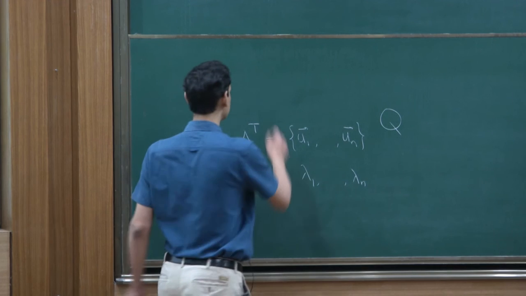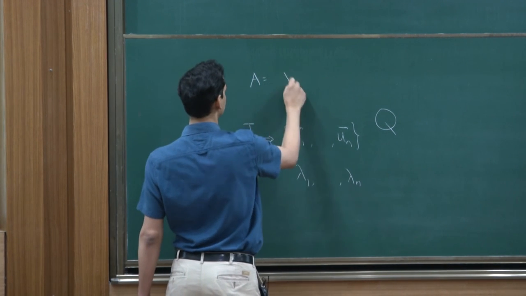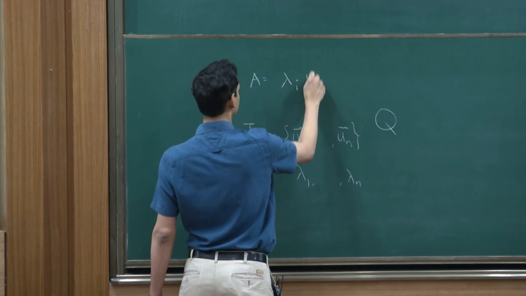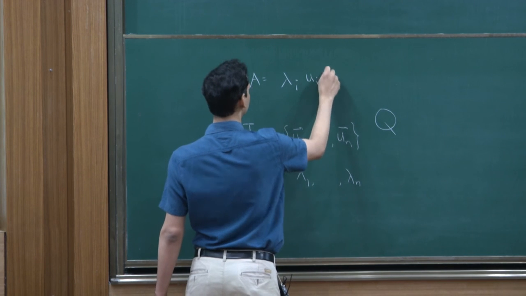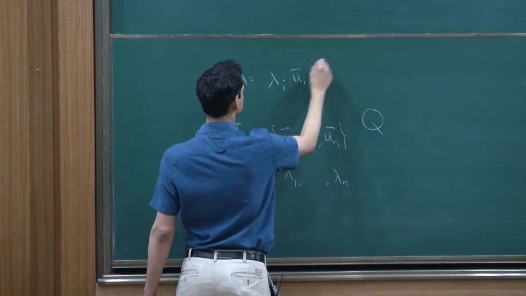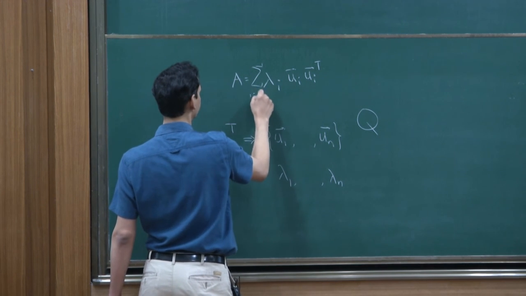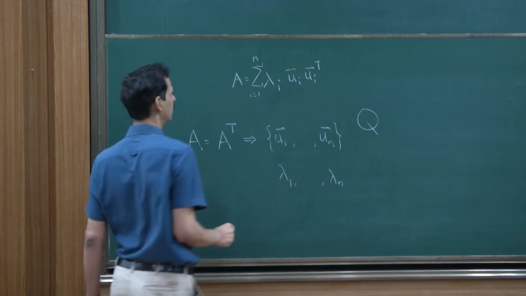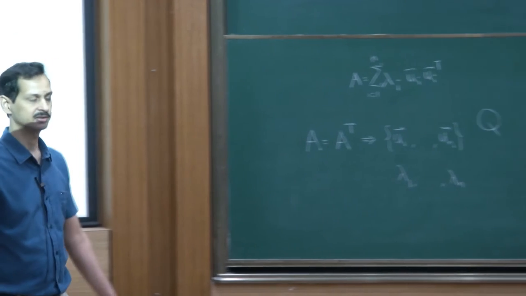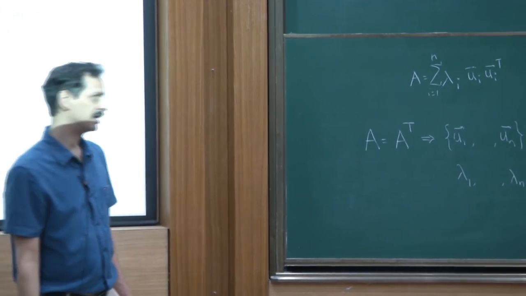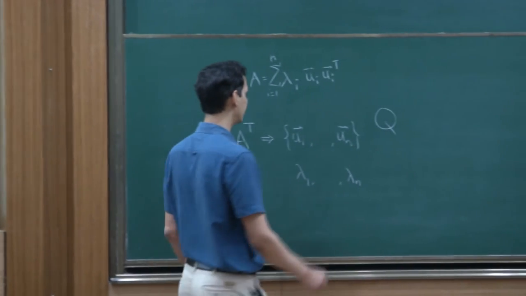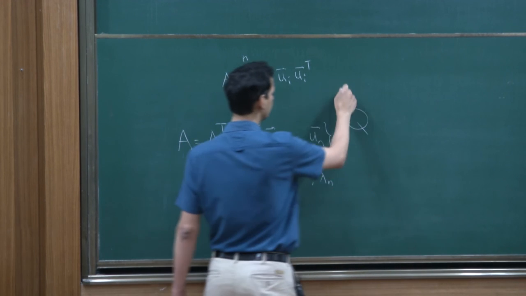So you can synthesize A in two ways. One is to take the outer products of the eigenvectors and multiply them by lambda. Alternately, the same thing can be written as follows.